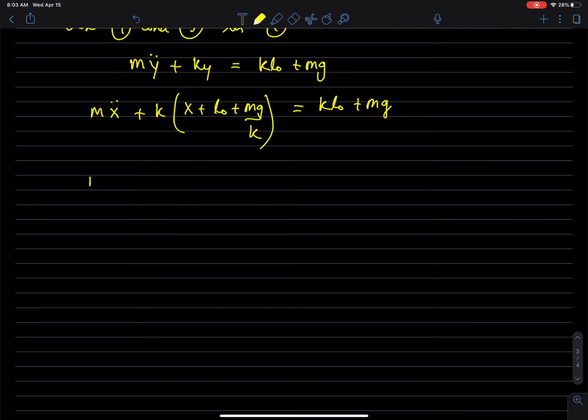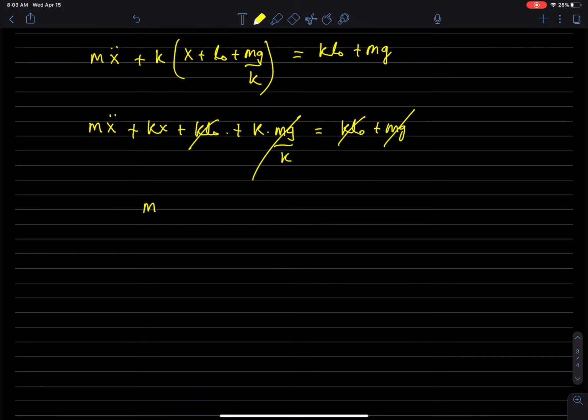Let's just multiply through: mx double dot plus kx plus kL naught plus k times mg over k equals kL naught plus mg. And notice that we have all these terms here that basically get cancelled, and all we are left with is mx double dot plus kx equals 0.